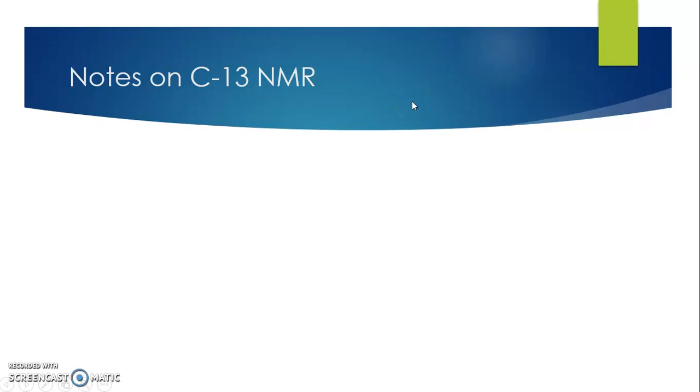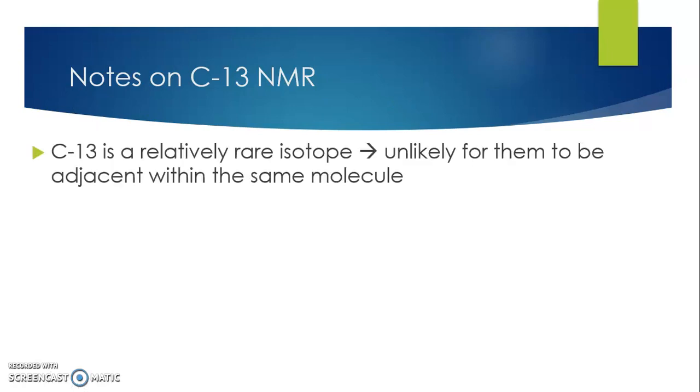There are some notes that we need to know in the background for C NMR. One is that because carbon-13 is a relatively rare isotope, of all the hydrocarbon or organic compounds, it's unlikely for them to be adjacent within the same molecule.